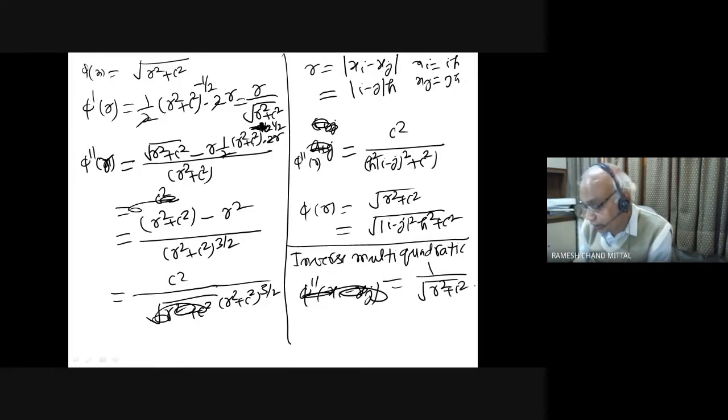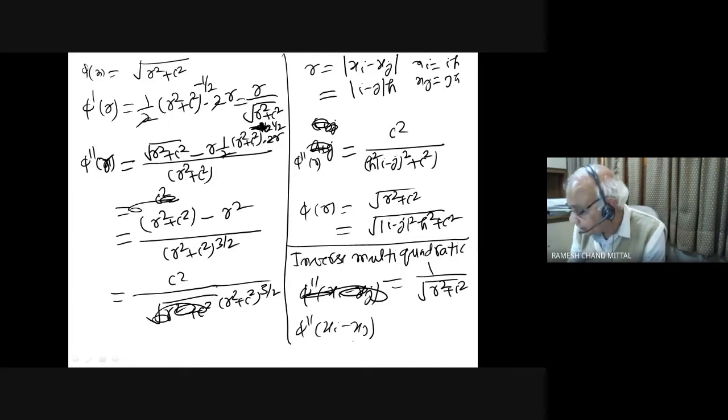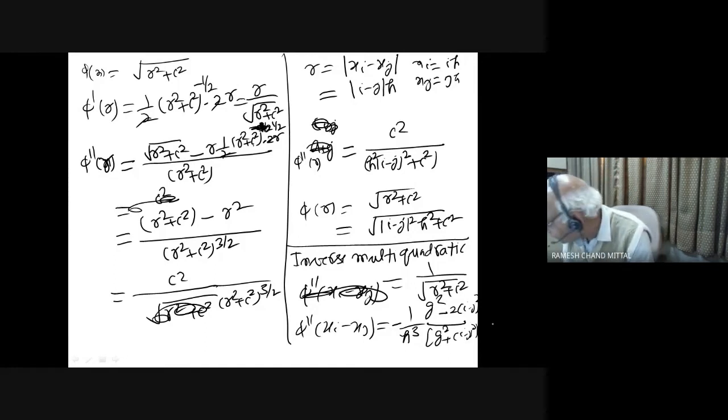This is my inverse multi-quadratic function, and my phi double prime xi minus xj in this case is equal to minus 1 upon h cube, then I have g square minus 2 (i minus j) whole square upon g square plus (i minus j) whole square to the power 5 by 2.